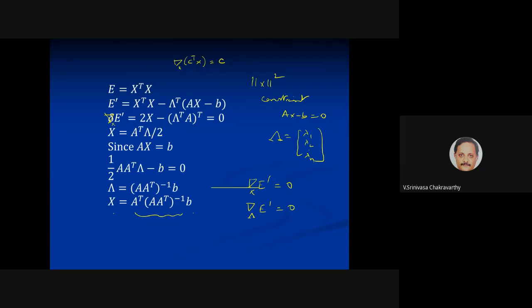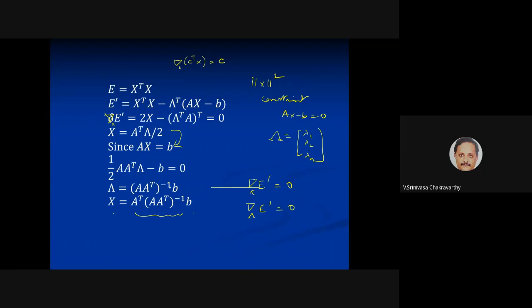Now Ax is equal to b. So if you plug this equation into this, you get half of A A transpose Lambda minus b is equal to 0. Lambda is a vector, so it becomes equal to this.